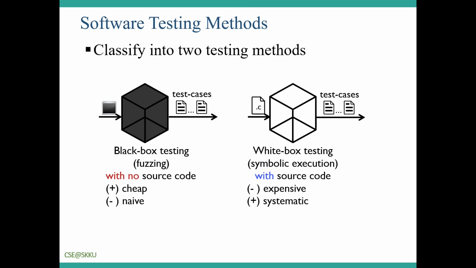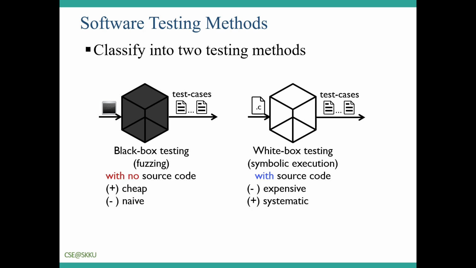This makes it fast and inexpensive to generate test cases, but it relies heavily on randomness, so it's generally naive and unstable. On the other hand, white box testing uses the source code to systematically decide how to generate test cases. So it's a more structured and guided approach, but it tends to be more expensive per test case.